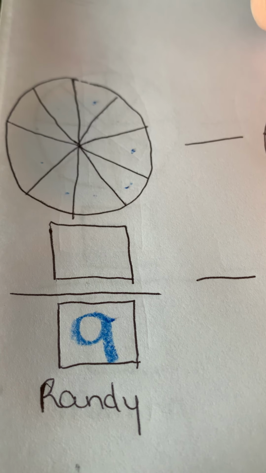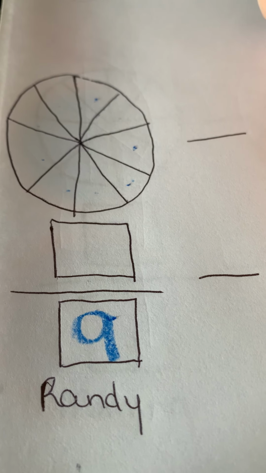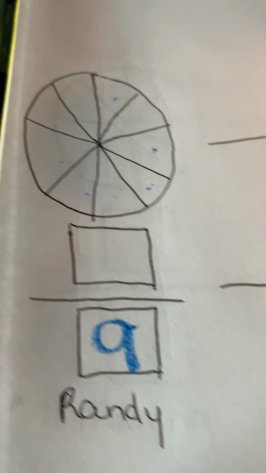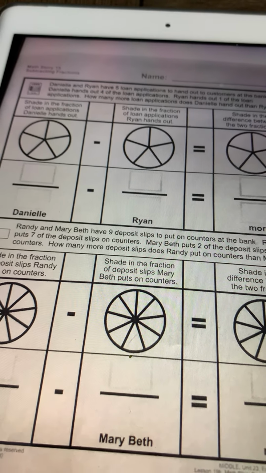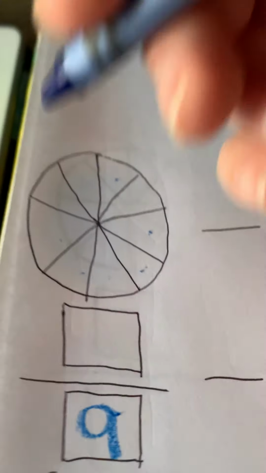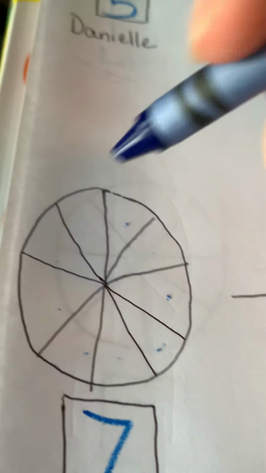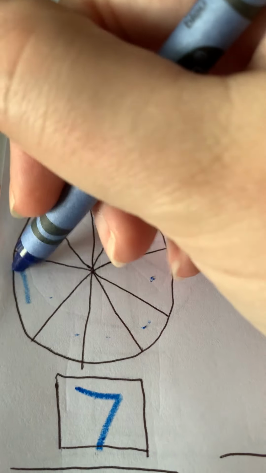And we have to find out how many deposit slips Randy put on the counter. So Randy put 7 of the deposit slips on the counters. So we have to make our 7, and then we're going to color in 7 pie slices.